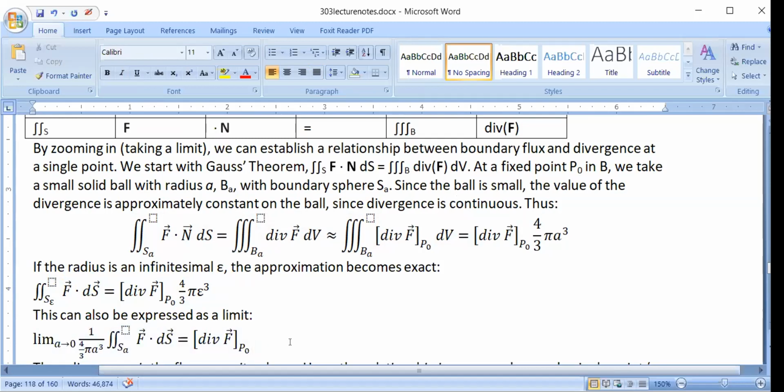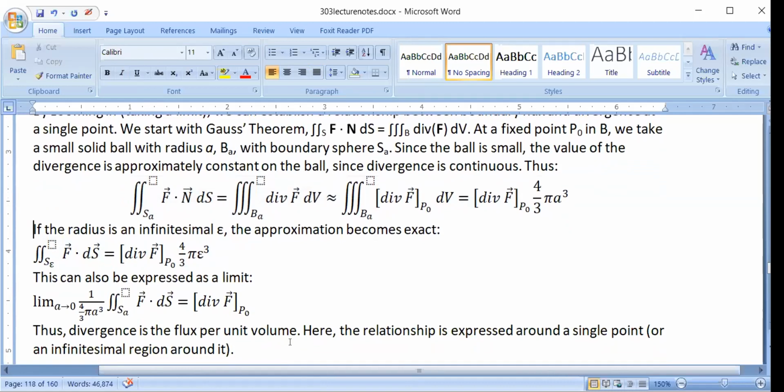Divergence of F at that point. So what that means is that the divergence is the flux, which is your double integral, and then you divide it by volume, so per unit volume.